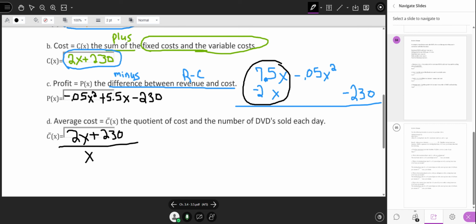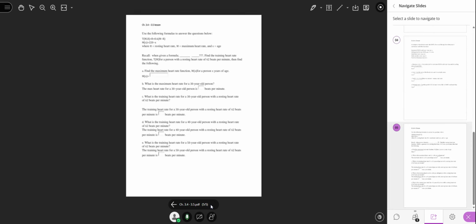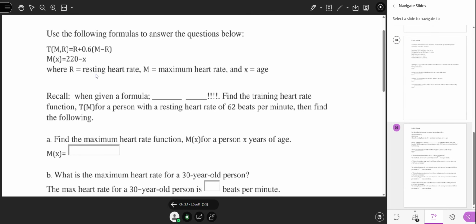So the hardest one is this one. And the last page, believe it or not, is actually pretty easy. Okay?